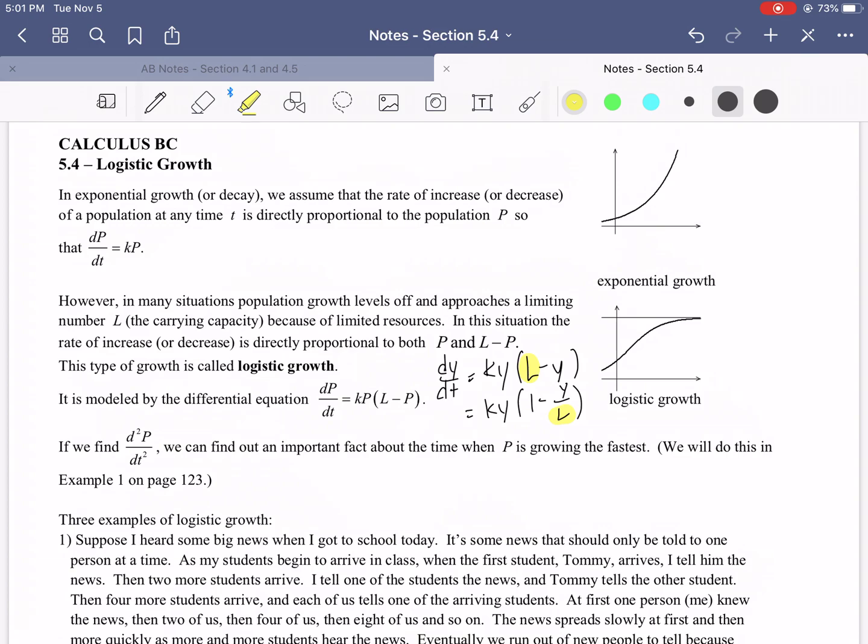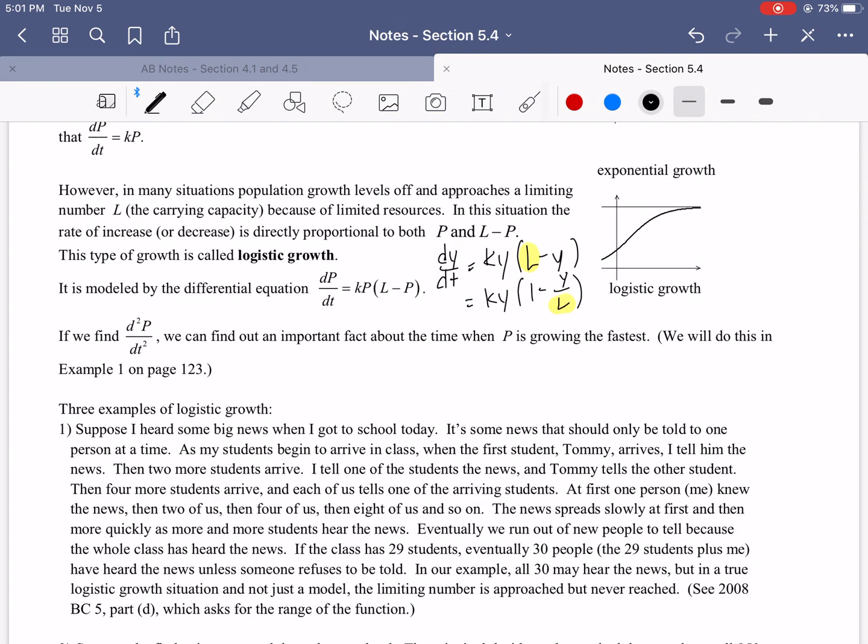Depending on what that equation looks like will determine where your limiting number, or from now on I'm going to call it the carrying capacity, will show up. If we find the second derivative of P with respect to t, or y with respect to t, we can find out some important facts about the time when the population is growing the fastest, and we're going to do those in the following examples of the notes.